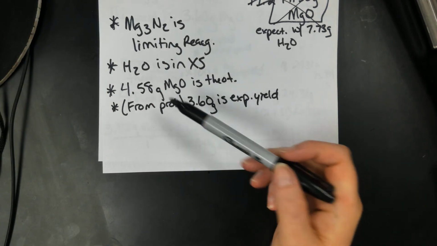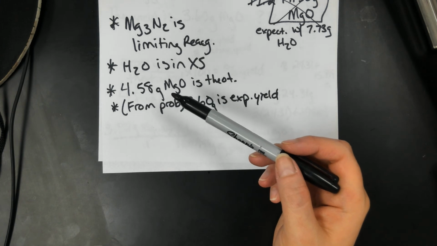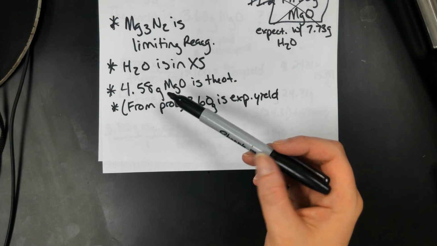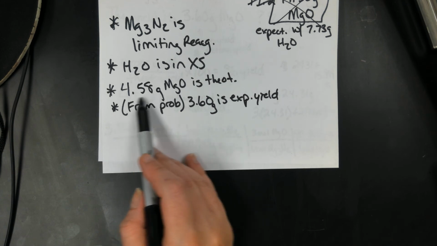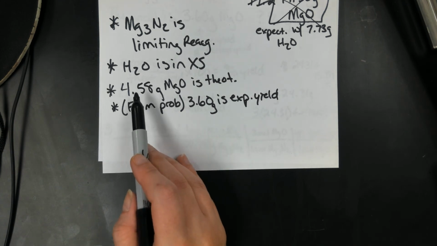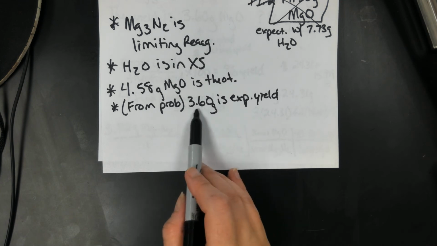So, if everything went perfectly and we were complete robots and we didn't spill anything, which I promise you will happen in lab, or we didn't weigh anything poorly, or we didn't lose any solutions, we should have hypothetically made 4.58 grams of magnesium oxide. Well, we're not perfect, and we only got 3.60 grams.